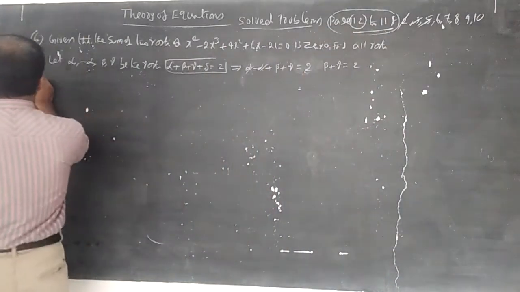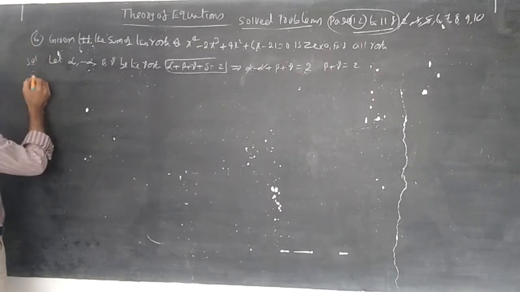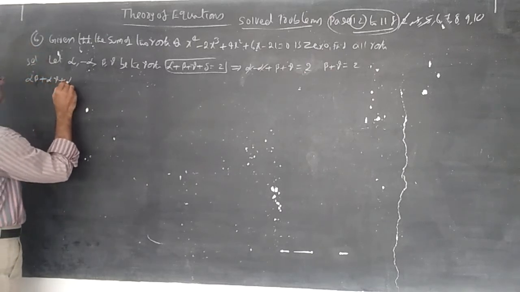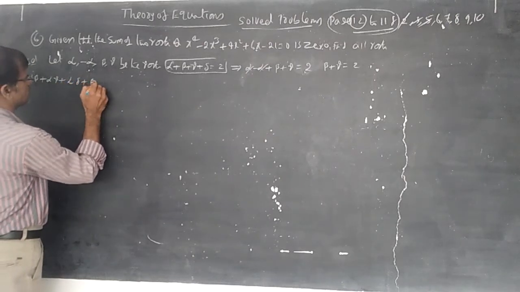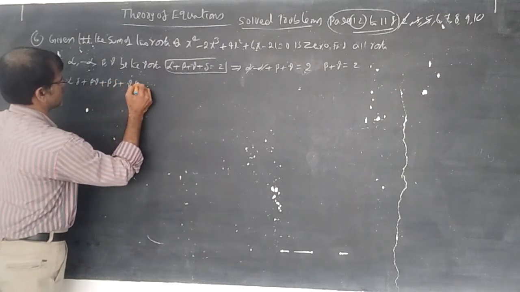Next, let us remember S2: alpha beta plus alpha gamma plus alpha delta plus beta gamma plus beta delta plus gamma delta.